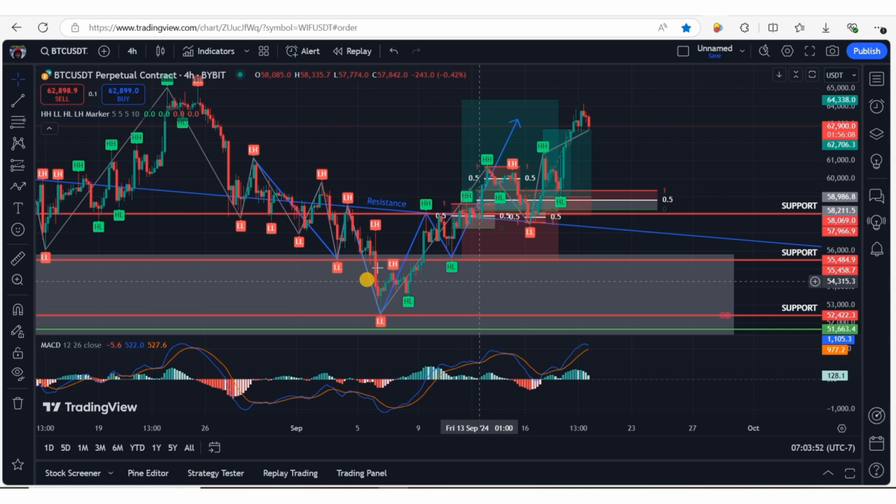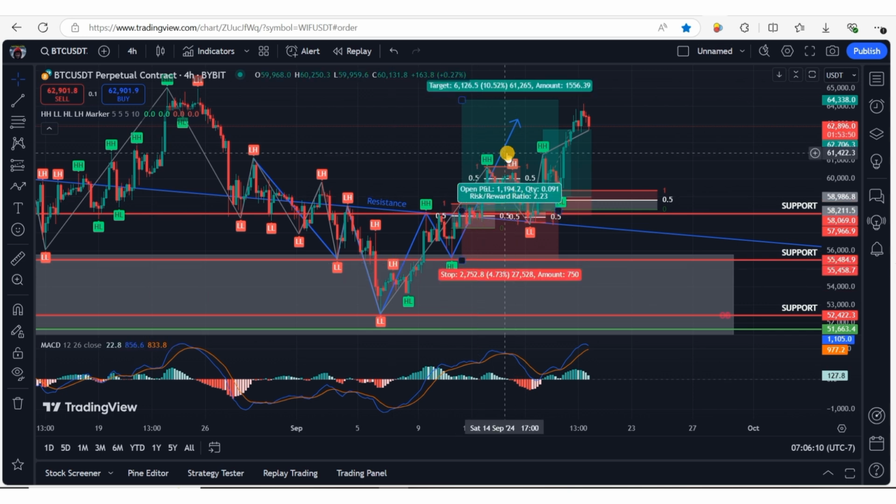So now you may wonder what our next expectation of the market is. In our next video, we'll be analyzing the market again, with our order blocks, our fair value gaps, and the rest.